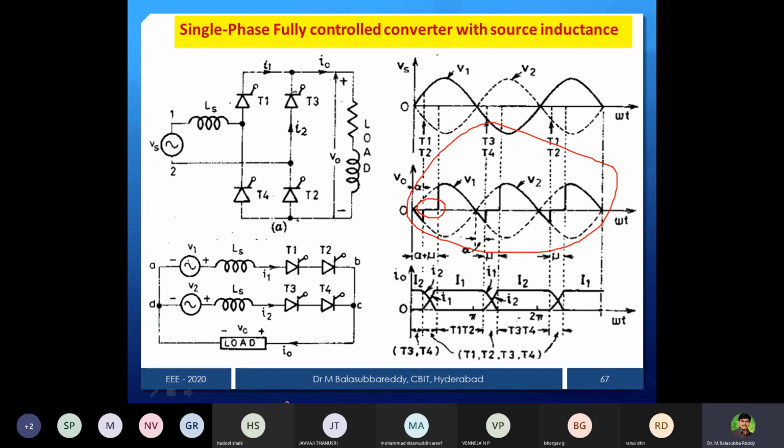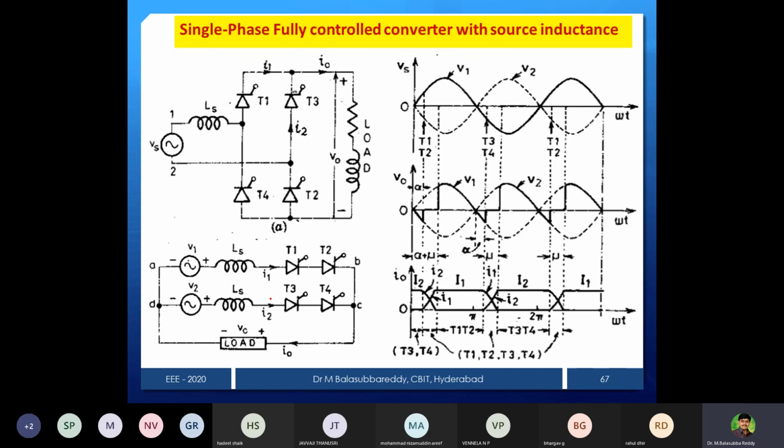This is an important question, and problems also ask what the overlap angle is, or what the average output voltage is if the overlap angle is equal to 10 degrees or 5 degrees and so on. Strictly speaking, in all cases there is an overlap angle. But in our analysis we cannot consider overlap every time.